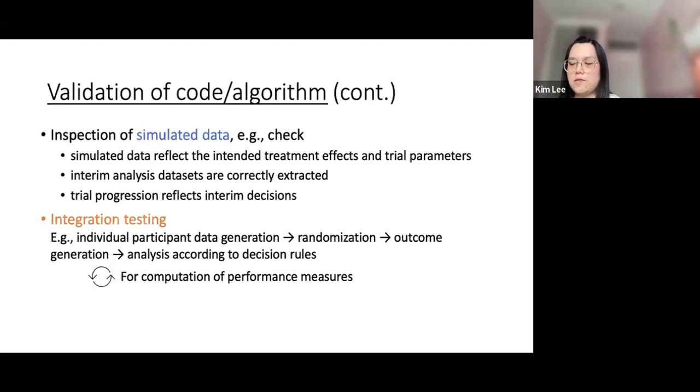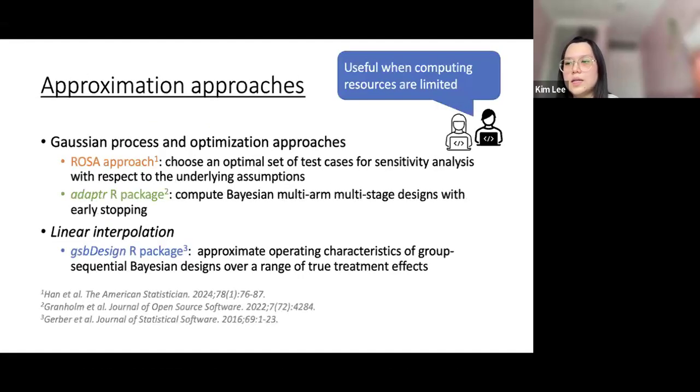So it can take several rounds to update our function and to use a more efficient function to replace the original one. Not only that, when the simulation project has many test cases and each requires a large number of replications, computing resources can become limited.